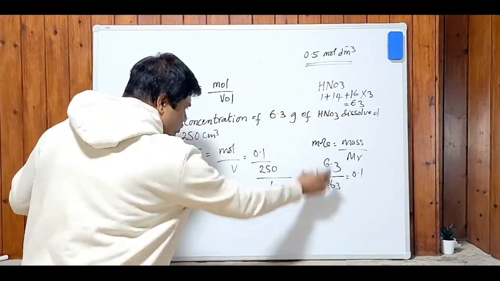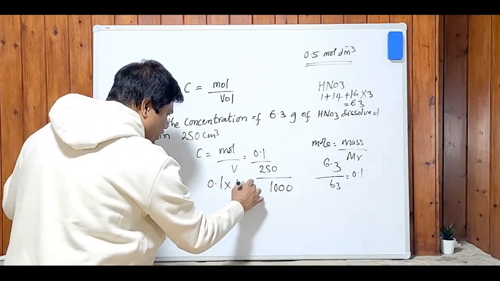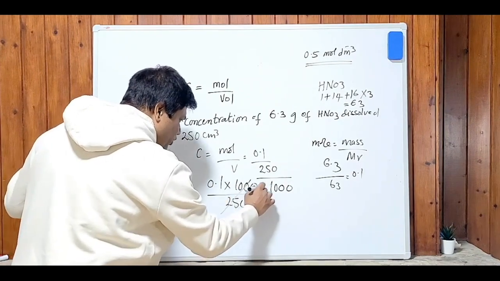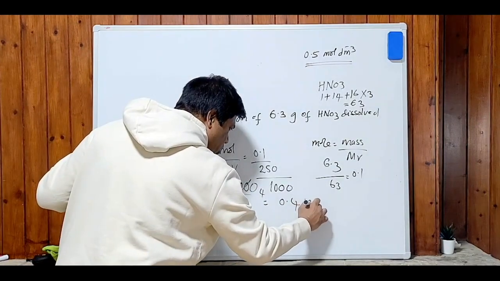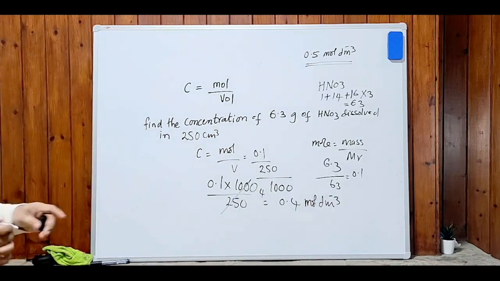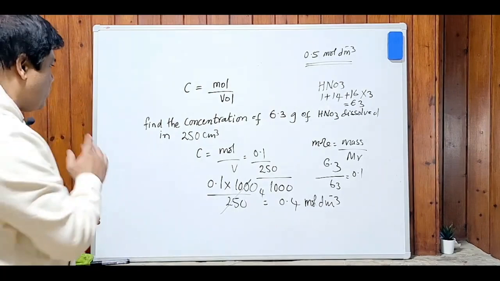Take this 1000 to the upper side. So 0.1 into 1000 divided by 250. Let's cancel by 4 times. So what's the answer? 0.4. And what's the unit? Mole dm minus 3. So this is the way we can crack the question based on concentration.